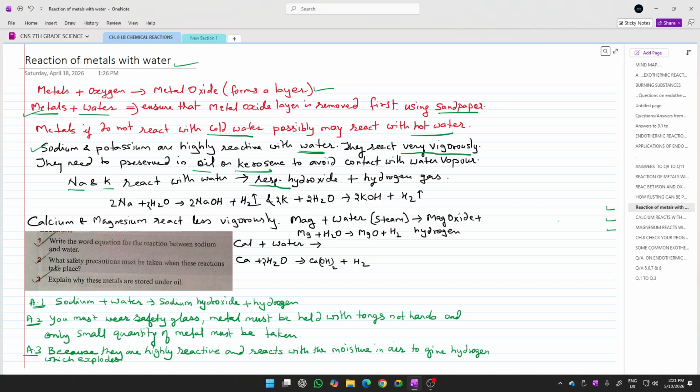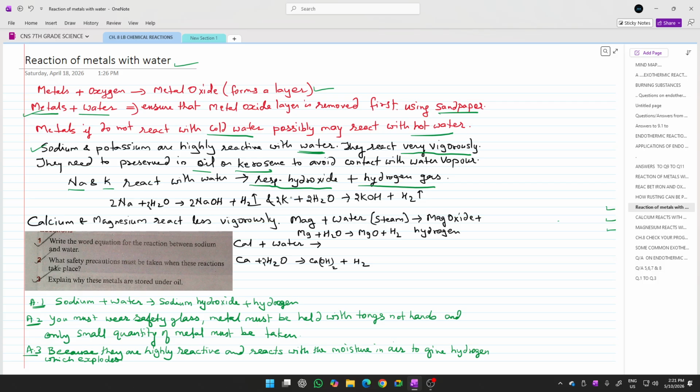So the respective hydroxide will be formed, and along with this, hydrogen gas will be produced. Because of this hydrogen gas, there is a kind of explosion taking place. Hydrogen gas will come out with a slight, low intensity explosion, but there will be a little explosion of hydrogen gas, right?